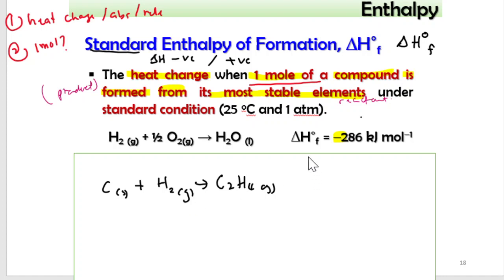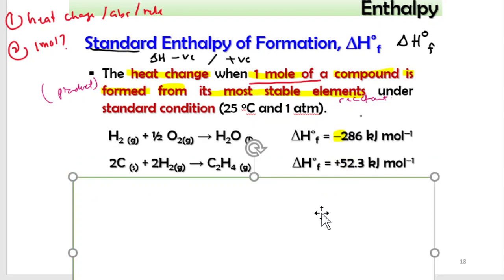Okay, so make sure your product here is 1 mole, and then when you want to balance the equation, okay, sini akan jadi 2. So, this is your equation, and then tulis delta H formation berapa. Okay, so for your reaction or formation of C2H4, this is your enthalpy.